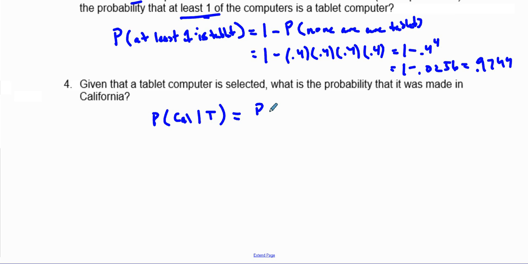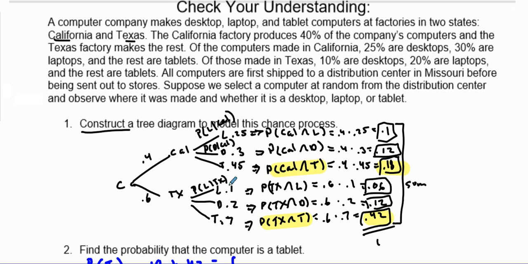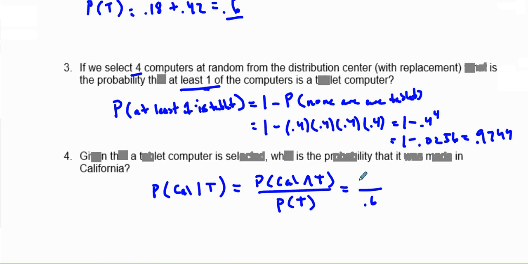The probability of being California and a tablet is 0.18, and we know the probability of a tablet is 0.6. So if we take 0.18 divided by 0.6, we have 0.3. And that is going to be our solution.